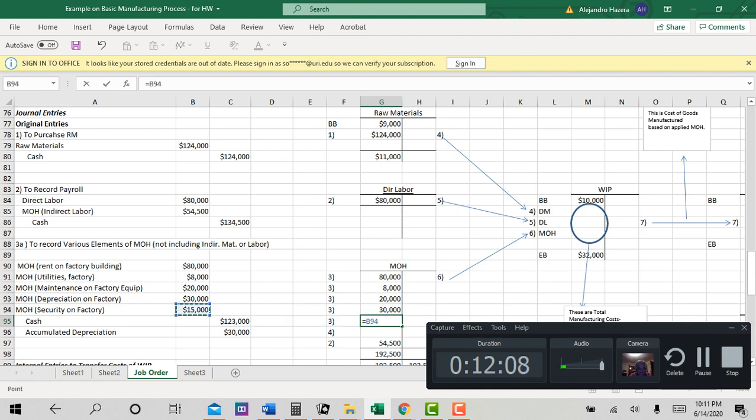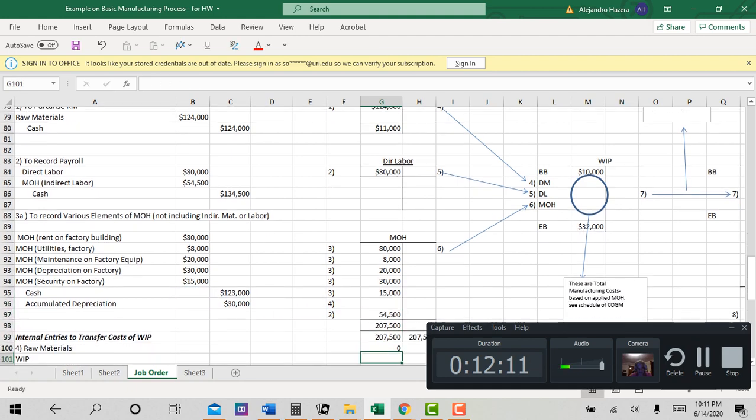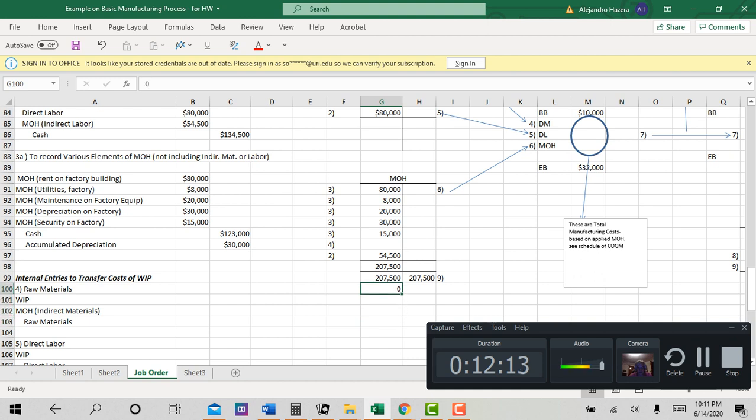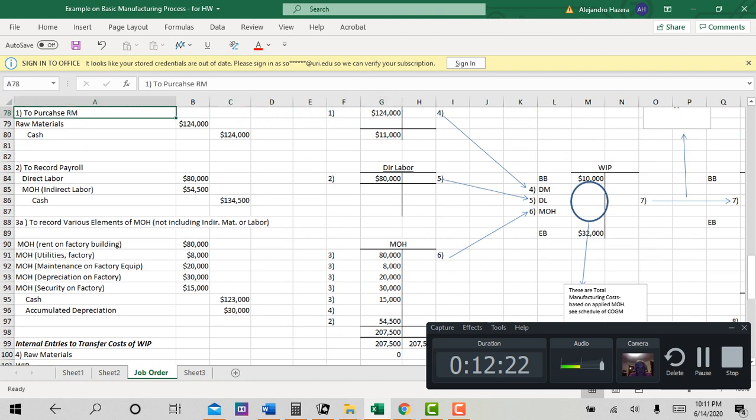We've got security on the factory for 15,000. Okay, now we're almost finished with that, but not quite yet. Now remember, those were my original entries, and they've all been posted, and it looks like I've got all the debits there.